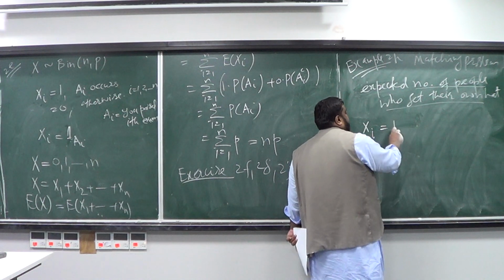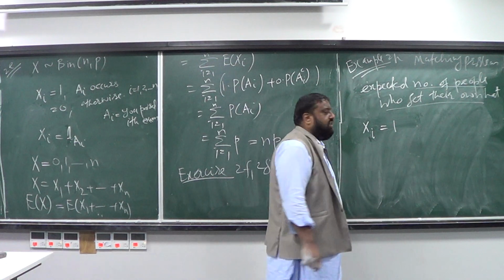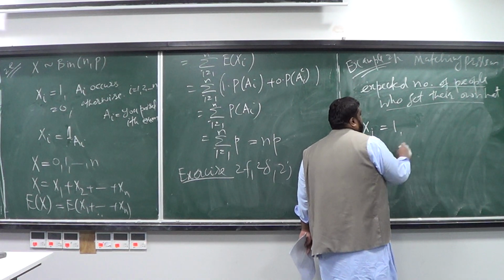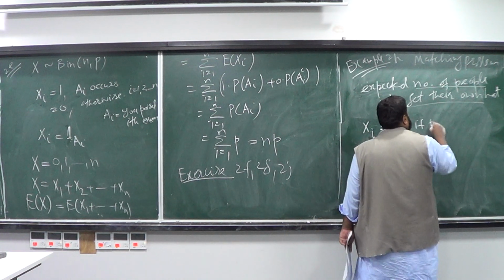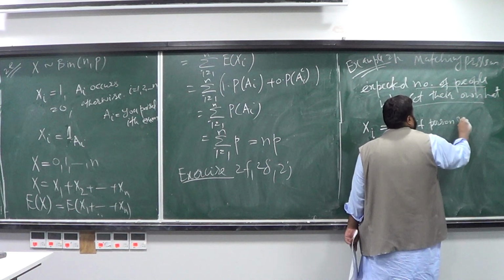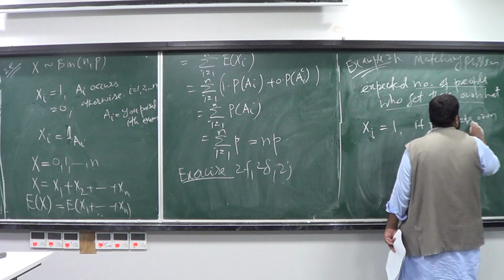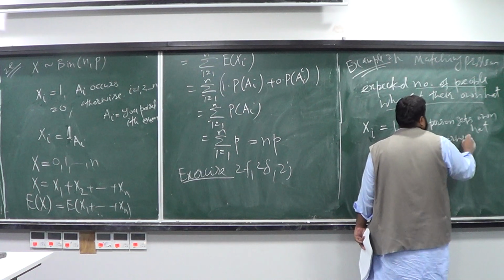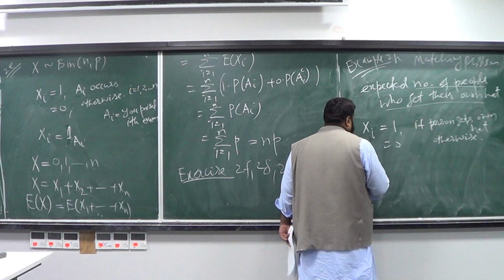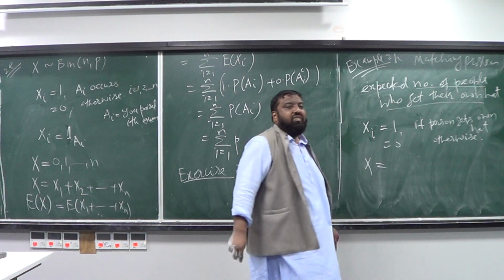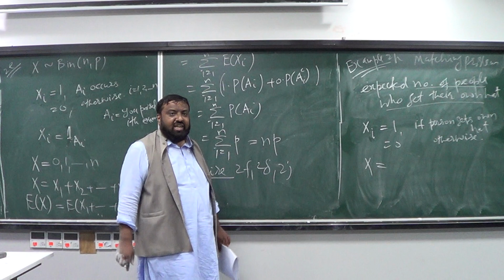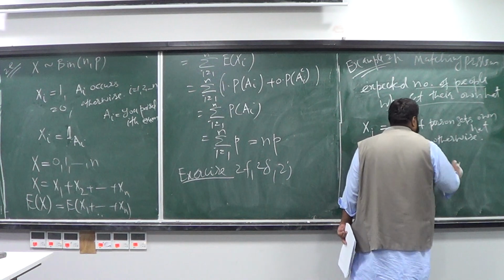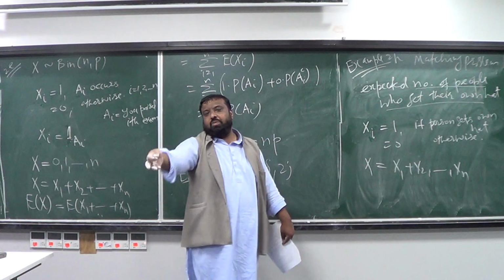So I'm going to assign Xi the value 1 if the ith person gets their own hat, and 0 otherwise. And if X represents the number of people who have got their own hat, then X can be written as X1 plus X2 up to Xn, because there are n people and n hats.